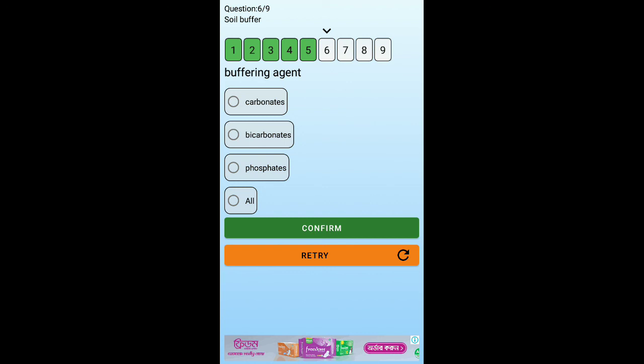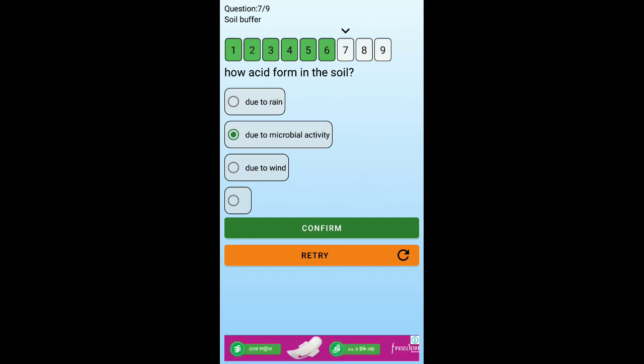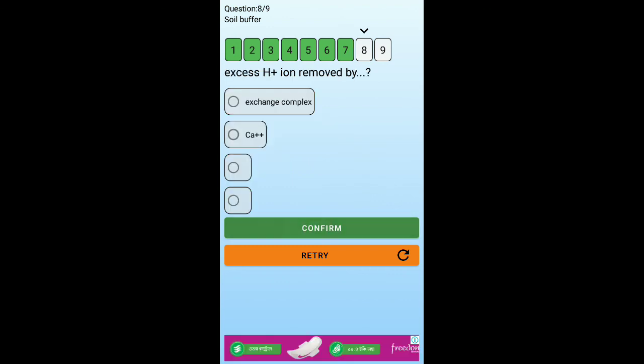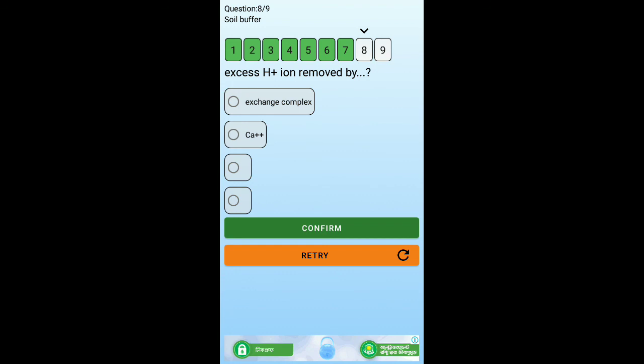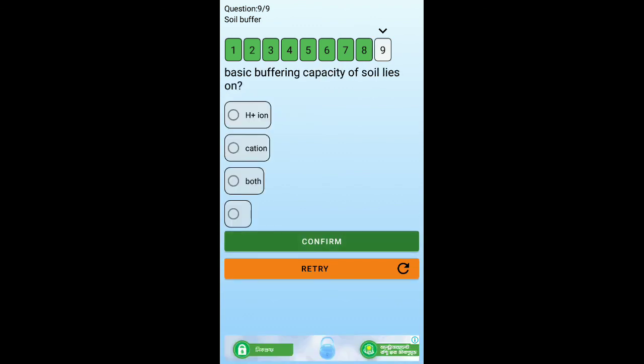How do acids form in the soil? Due to microbial activity. Excess hydrogen ions are removed by the exchange complex. Basic buffering capacity of the soil lies on hydrogen ion and cation both.